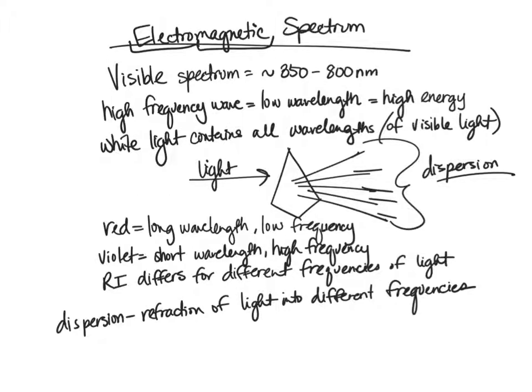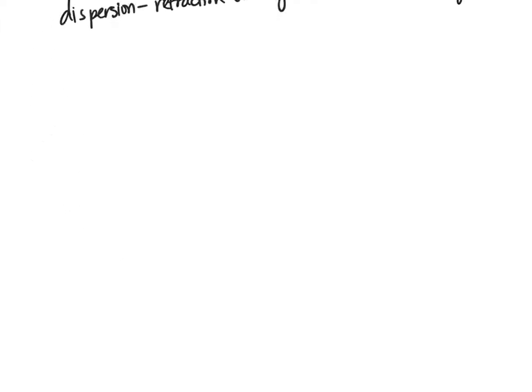So what else is mentioned in this section of the electromagnetic spectrum is fluorescence versus phosphorescence. So fluorescence is absorption of a light energy that is then emitted upon relaxation of electrons as light energy, and that's usually a lower energy.